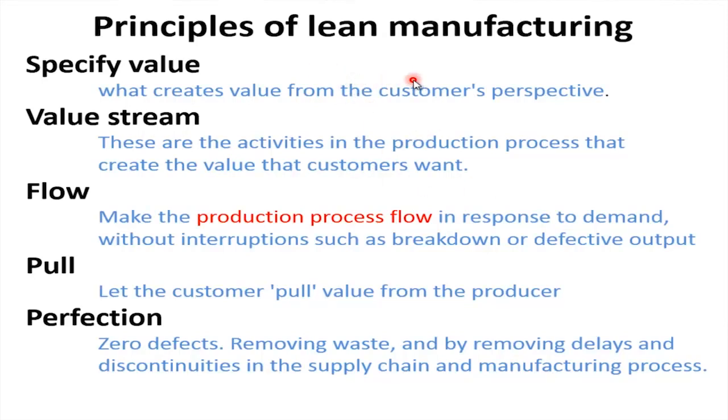Principles of lean manufacturing: specify value. What creates value from the customer's perspective? Right, there is a specific value and also the value stream. These are the activities, the production process that create the value that the customer wants.